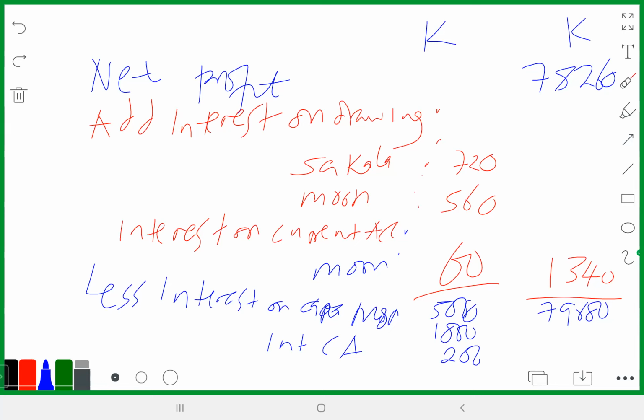And we have lessed already the interest on capital, then the interest on current account for Sakala. Then what has remained? We have to less salaries now, after lessing everything.